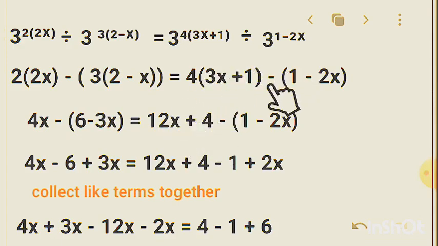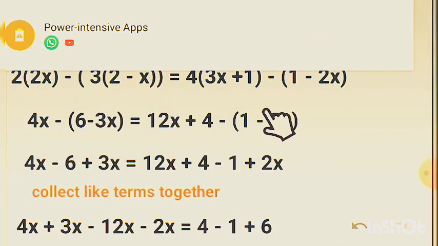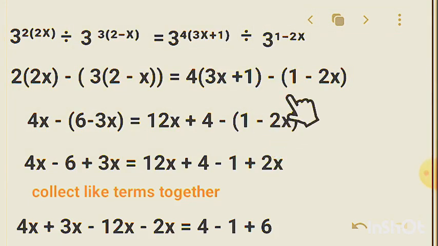We'll bring down the minus sign, and 1 minus 2x, we still put the bracket. 4x minus 6 plus 3x will be equal to, because if we remove the brackets, the sign inside changes. Remember, if we multiply a minus times a minus, it gives us a plus.